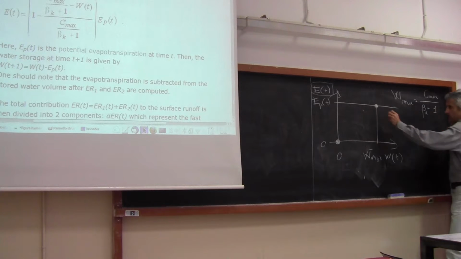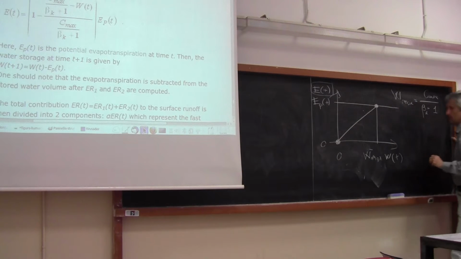And then let's adopt a linear variation, a linear rate between these two extremes. This is the simplest relationship that we can think about.